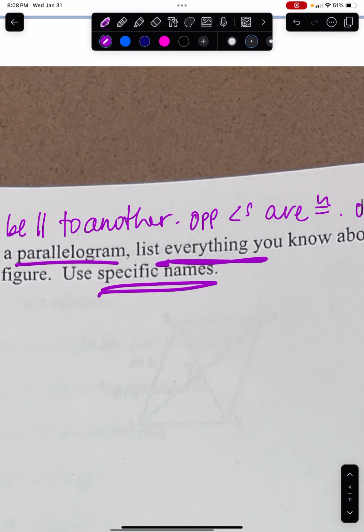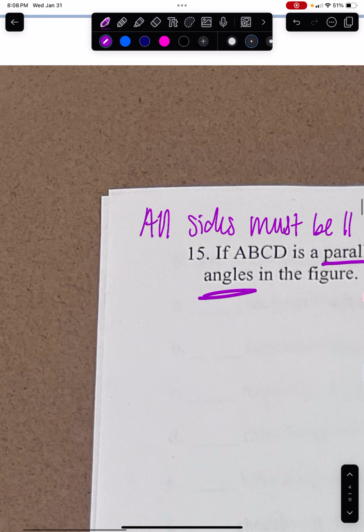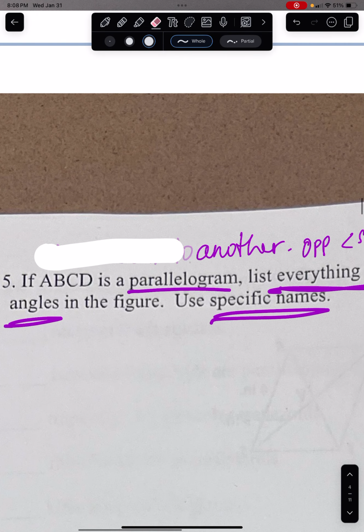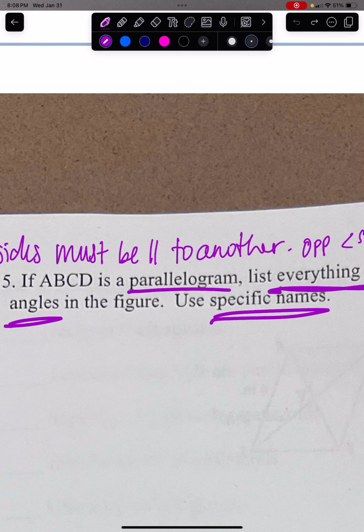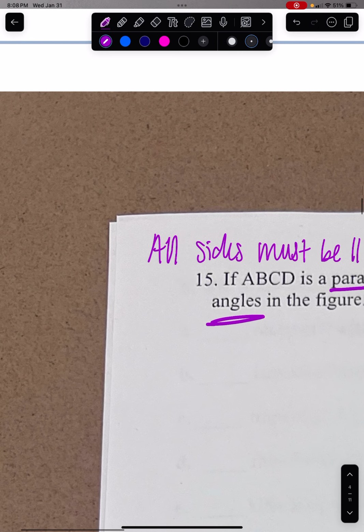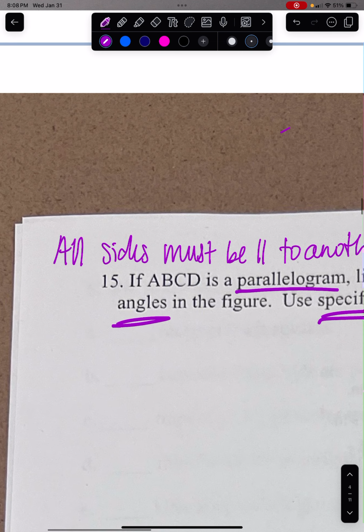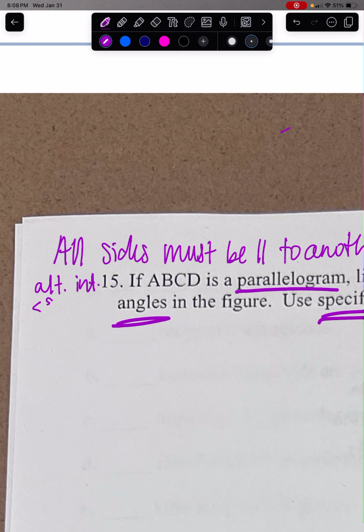And there's one more thing. I'm going to write it over here. I'm just going to erase this because, well, that's fine. I'm going to say alternate interior angles are congruent. Okay.